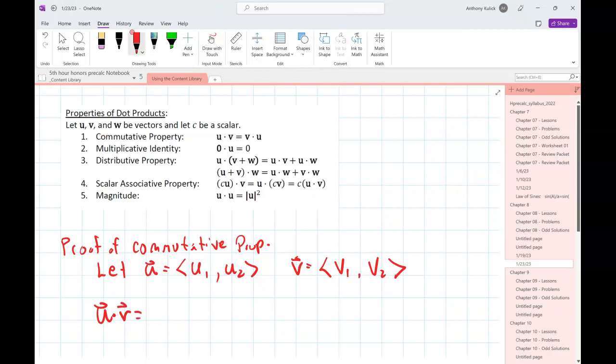So if I do u dot v, that's just going to be u1 times v1 plus u2 times v2, right? Now u1 and v1 are just real numbers, correct?